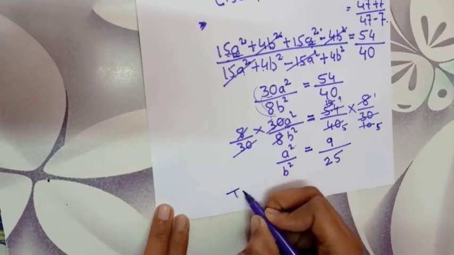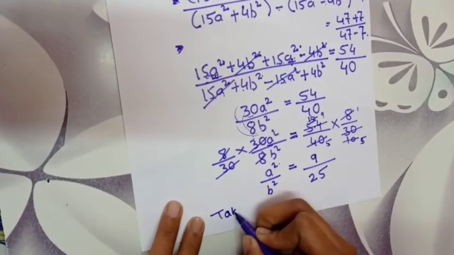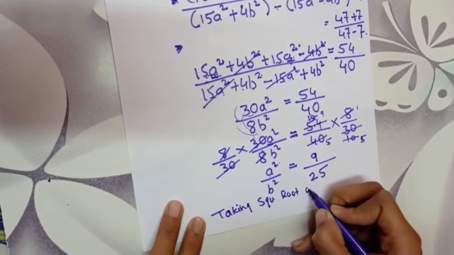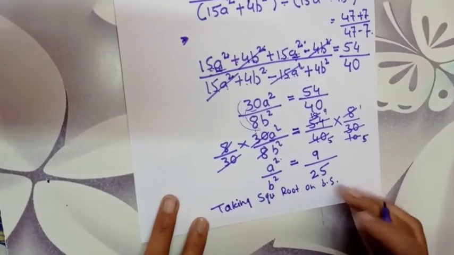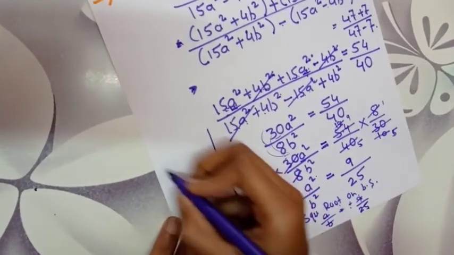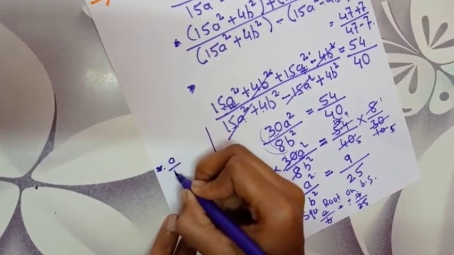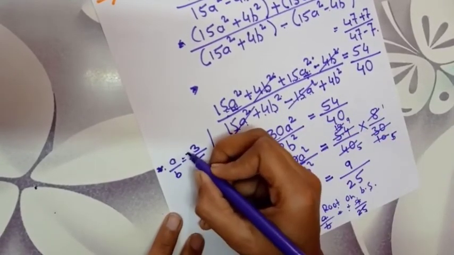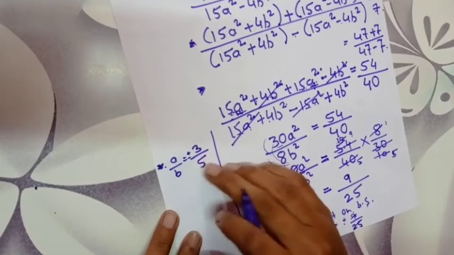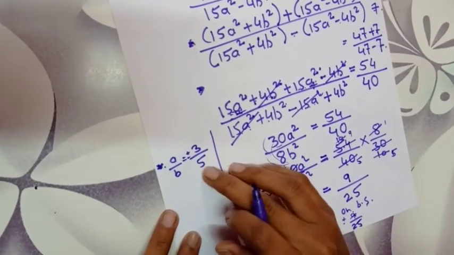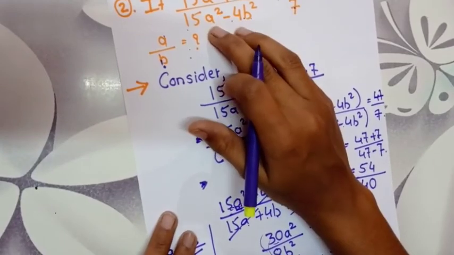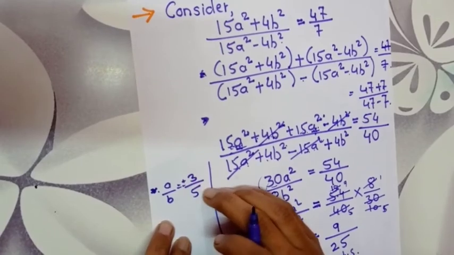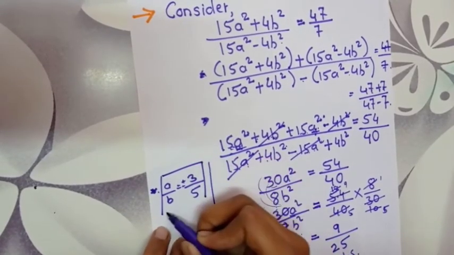Therefore taking square root on both sides, we will get a by b will be equal to plus or minus 3 by 5, because squaring finally gives a plus. Therefore plus or minus 3 by 5 is the value of a by b.